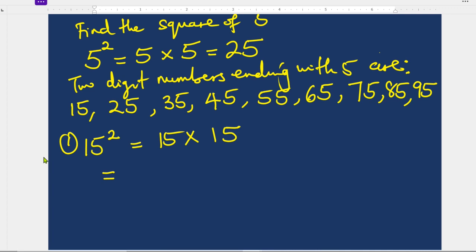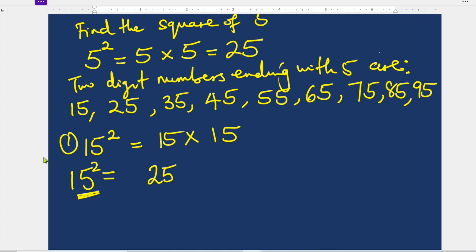Now watch me, everybody. For all the 2-digit numbers that end with 5, you're going to write 25 down as the last 2 digits. Why? Because the number ends with 5, and the square of 5 is 25.